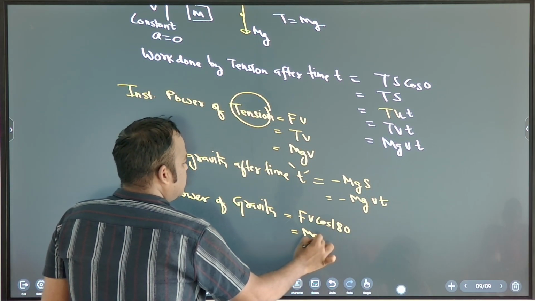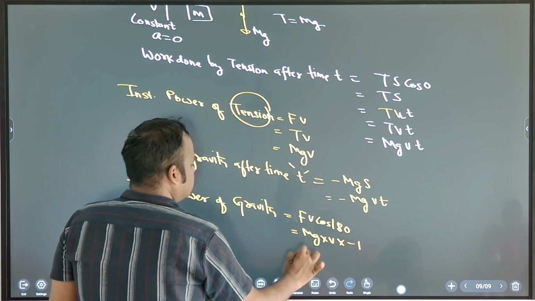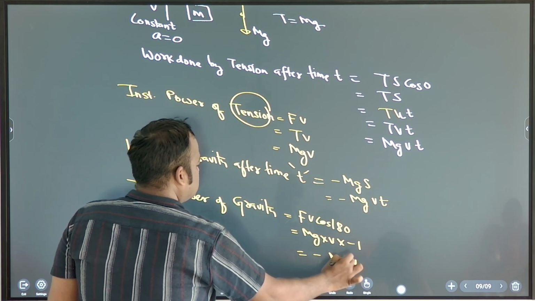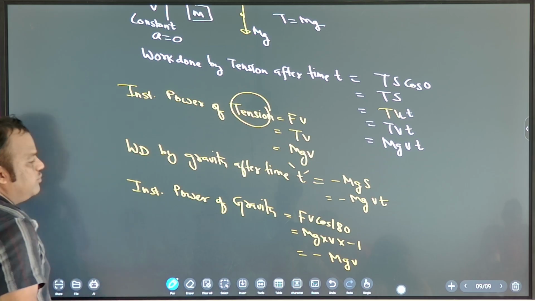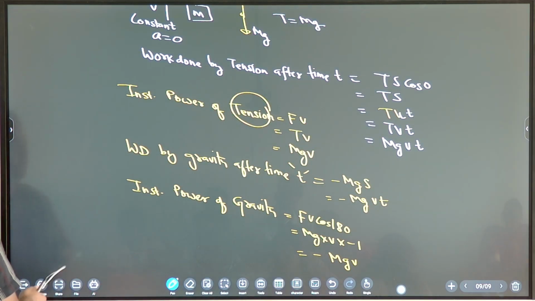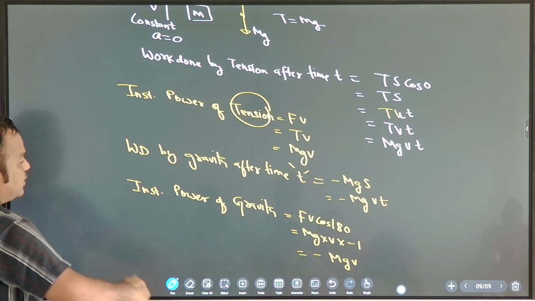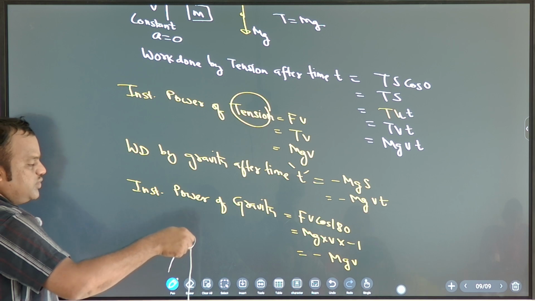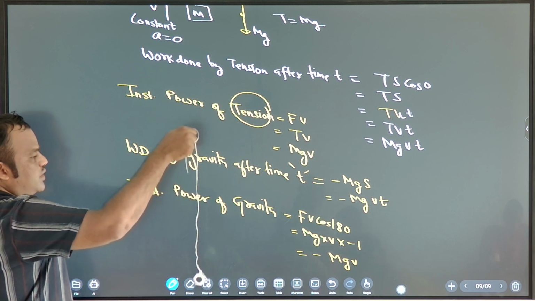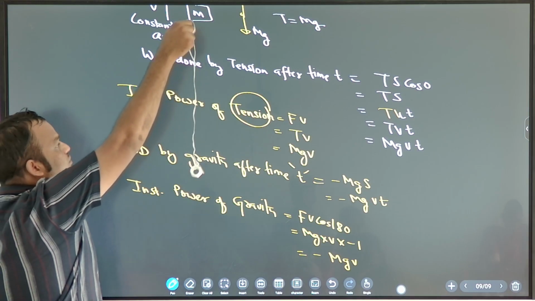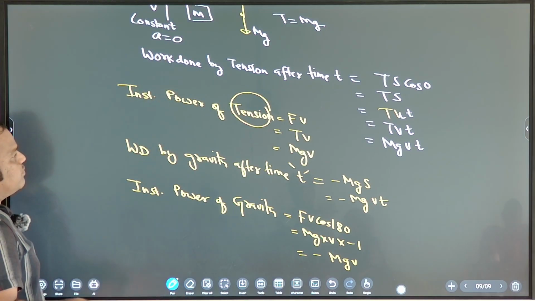So mg into v into minus 1, so minus mgv is the instantaneous power. Clear? It is going with constant speed, so that is the instantaneous power.